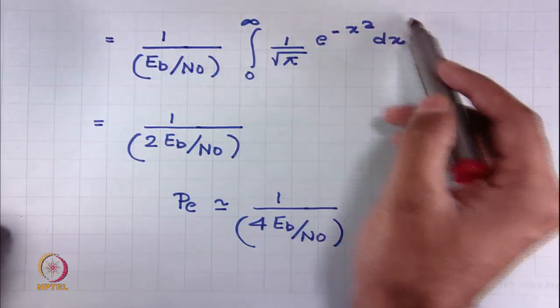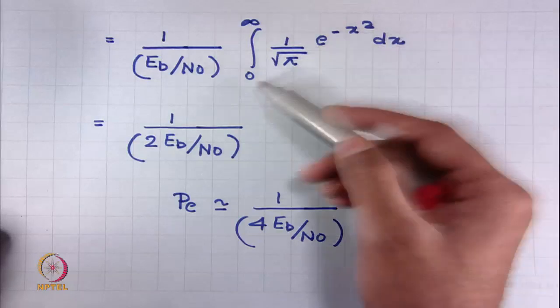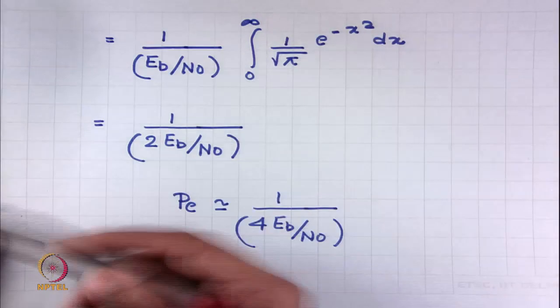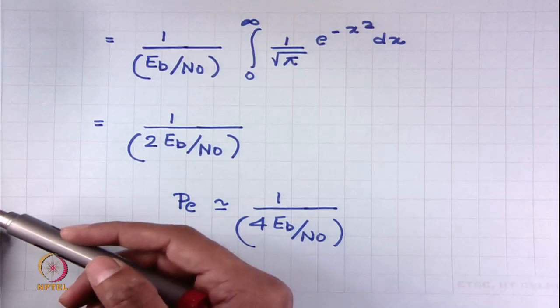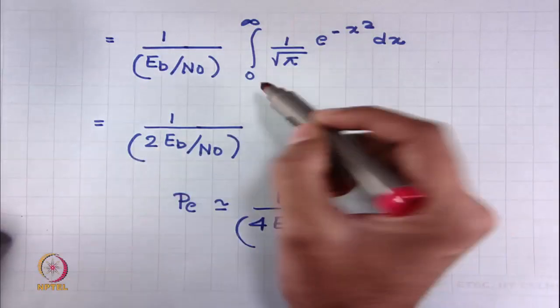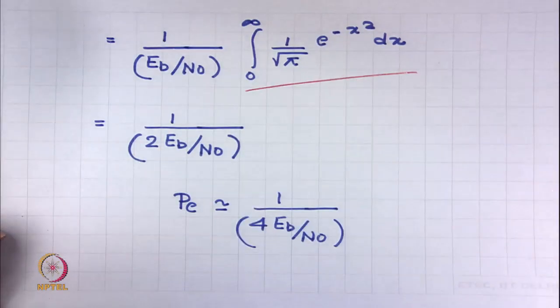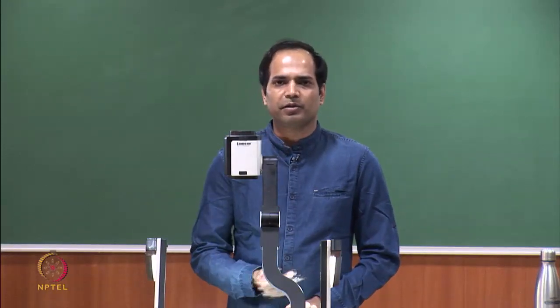And I can solve this integration by thinking of this as a Gaussian PDF, and by knowing that the integration of a Gaussian PDF from minus infinity to plus infinity is 1. Using these ideas, try to think about what is the value of this integration. I have given you a hint. This looks like a Gaussian PDF, and if you integrate the Gaussian PDF from minus infinity to plus infinity, you should get 1 because it is a PDF.